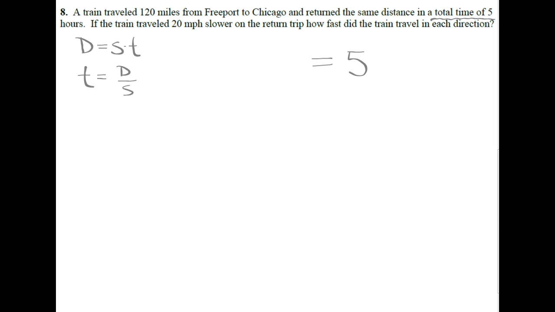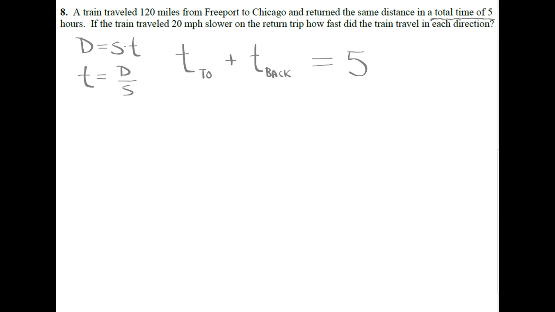And that sum is going to be the time that this train traveled from Freeport to Chicago and back. So time there plus time back has to equal 5 hours.